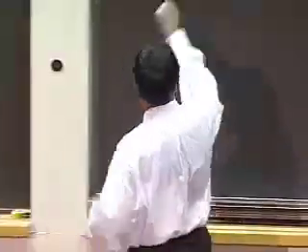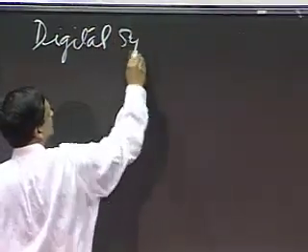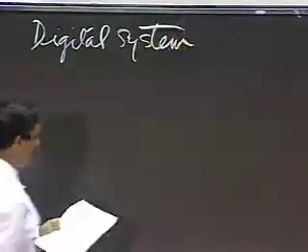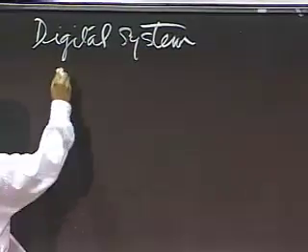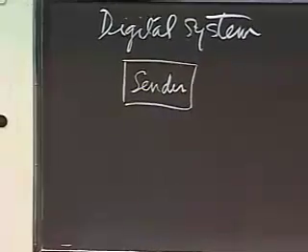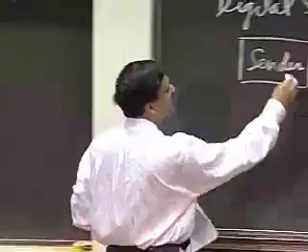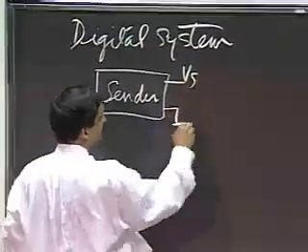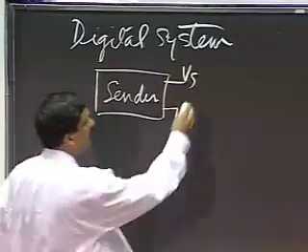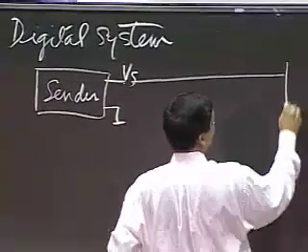So let's take our example. Let's take what might be a digital system, and let's say I have a sender. Much like I sent a signal value a long distance, let me have a sender, and I have a ground as well, and here is a receiver.